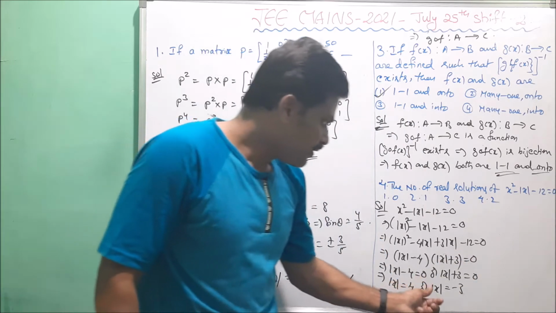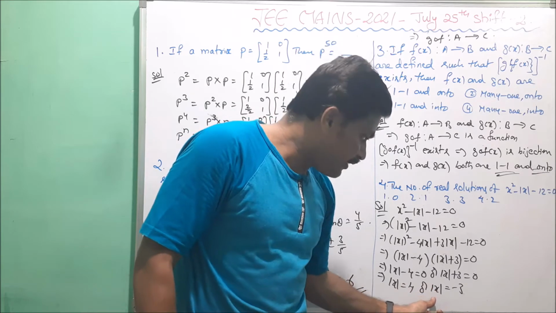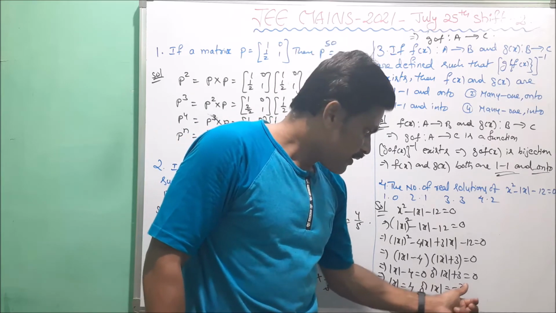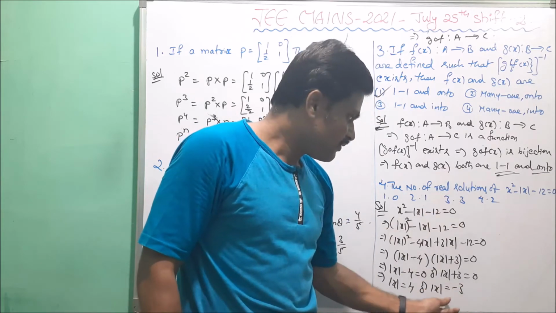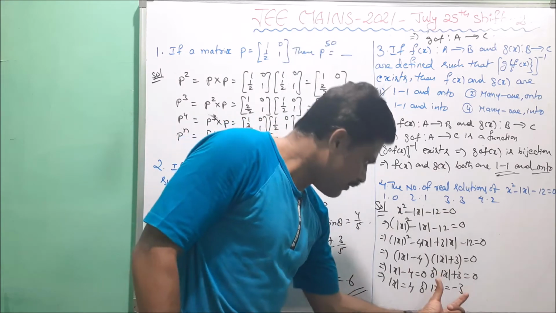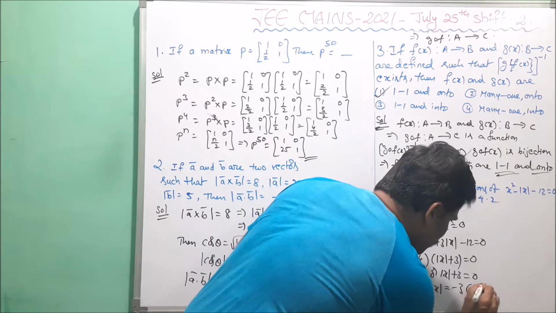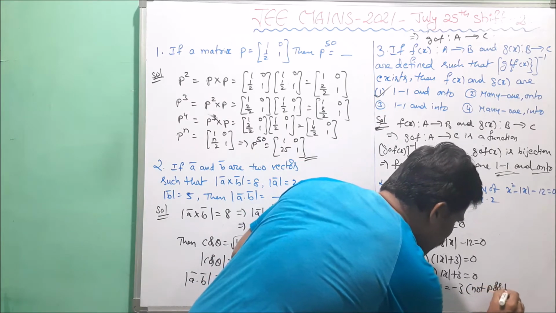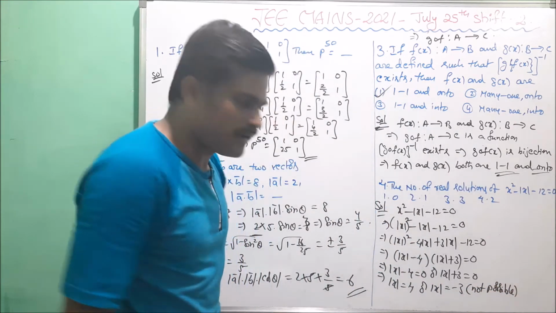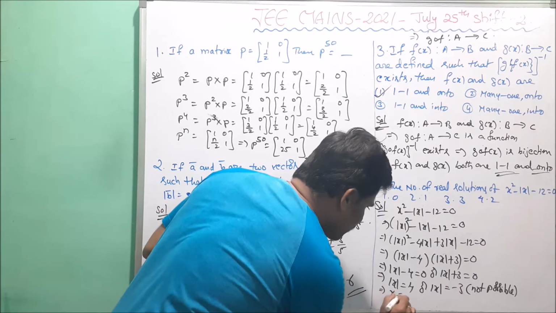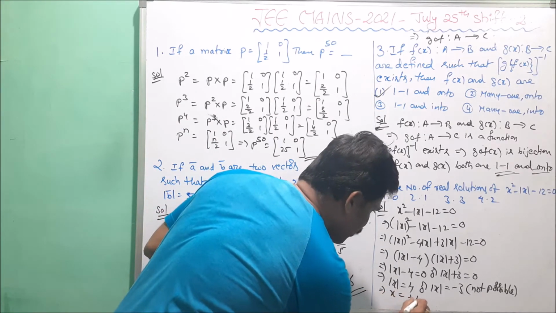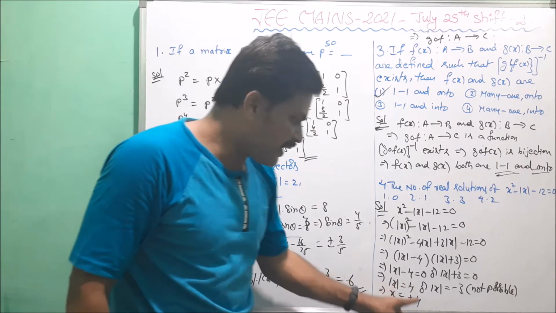Clearly we observe that the absolute value of x is compulsorily positive. So here |x| is not equal to −3, which is not possible. Then we observe that |x| = 4 means x = ±4.